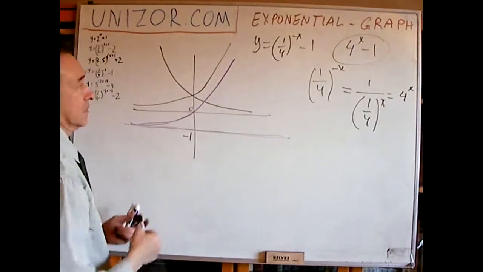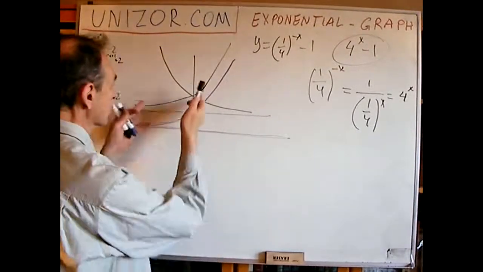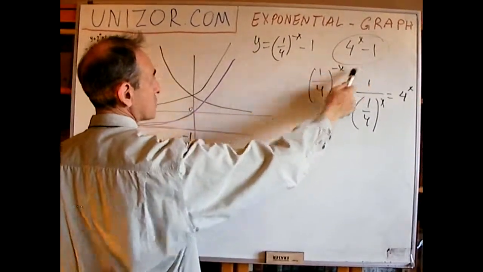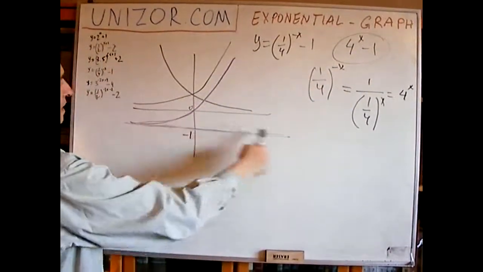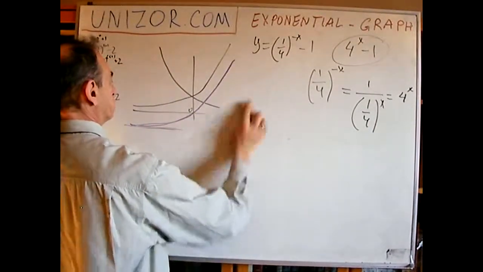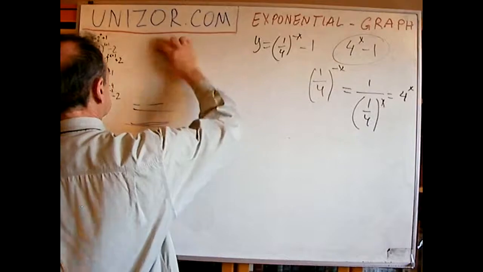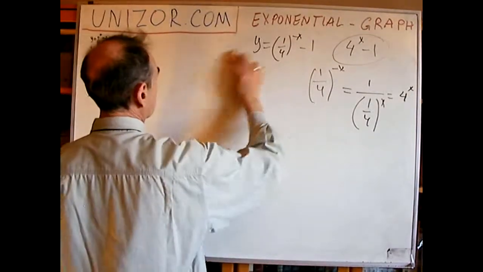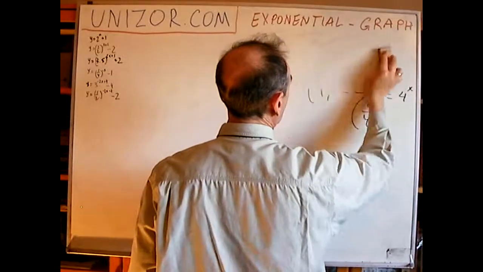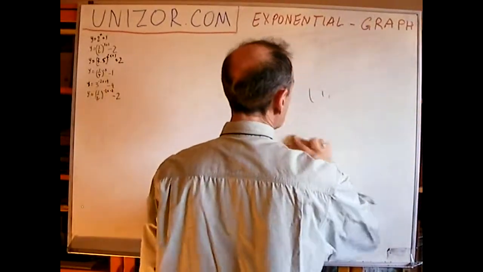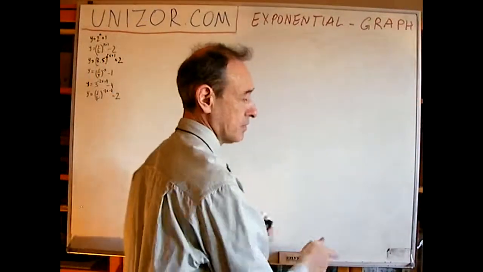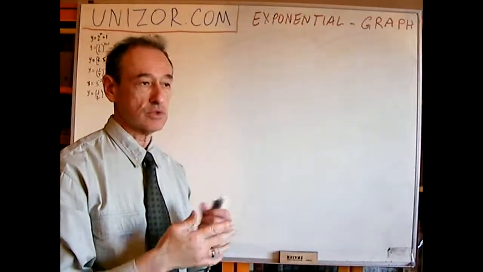All these transformations are leading to exactly the same thing, because after we draw 4 to the power of x, we just have to subtract 1, which means exactly like this. That's it. And in the future, again, if you have something like negative exponent, you can do both things.